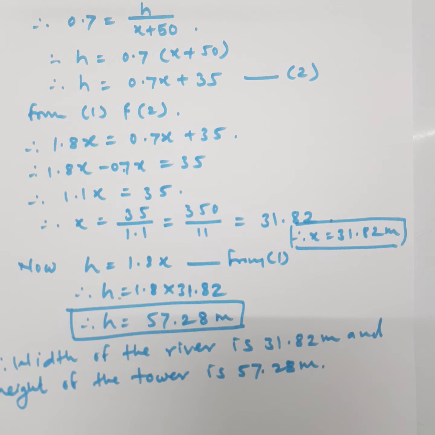Two angles of elevation were in the same example, therefore we write the tan ratio twice, first for 61 degree and second for 35 degree.